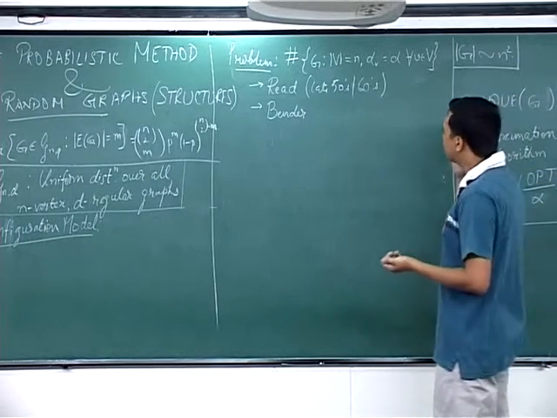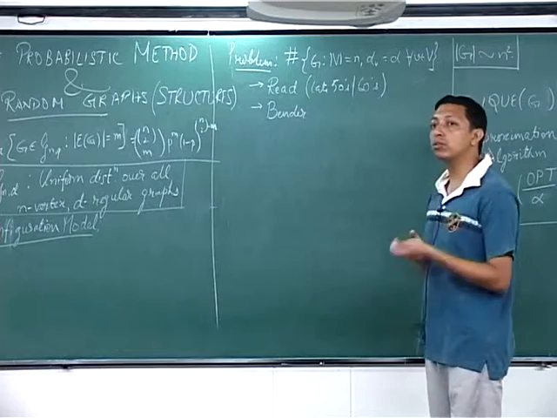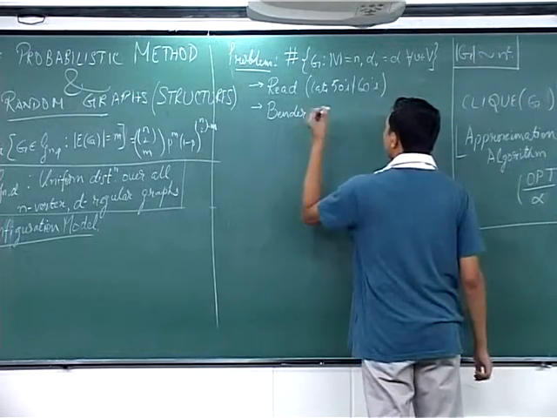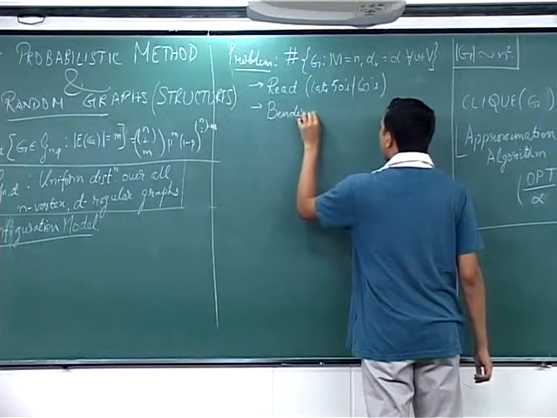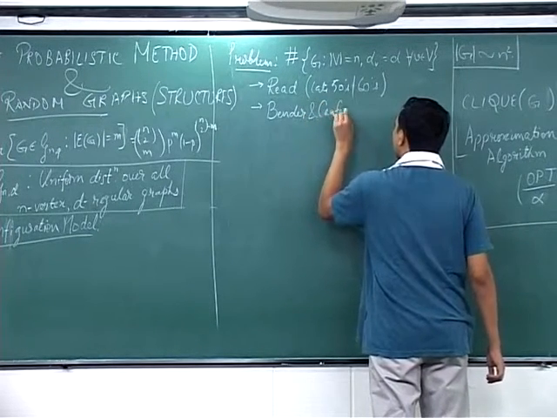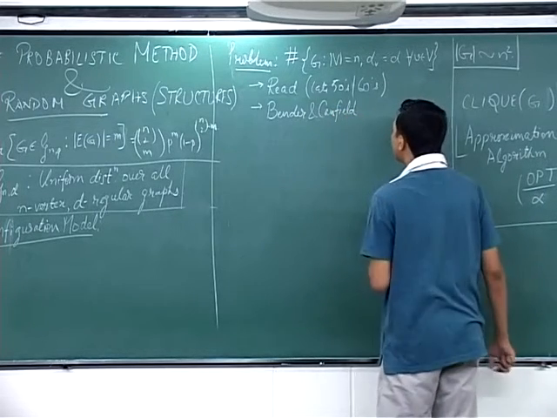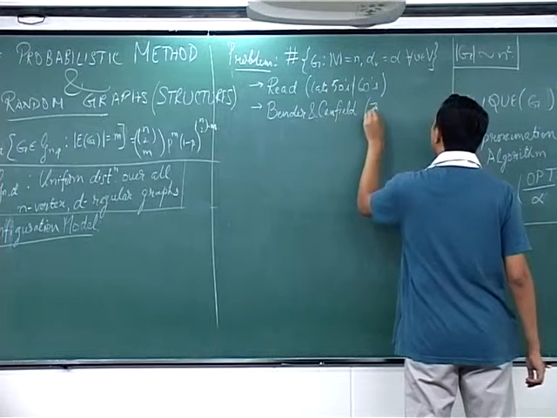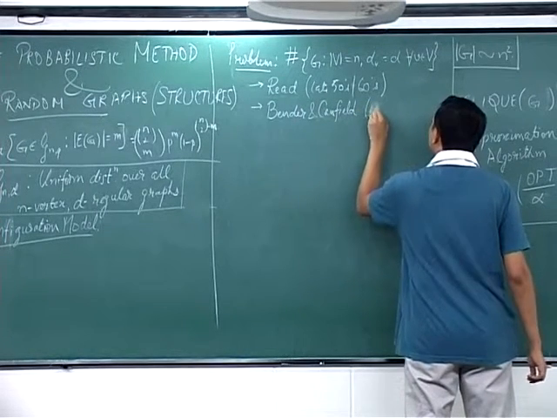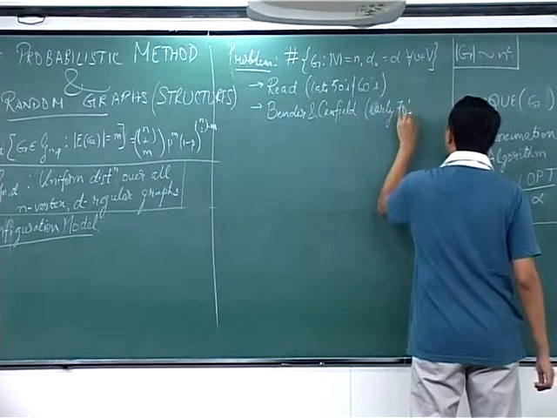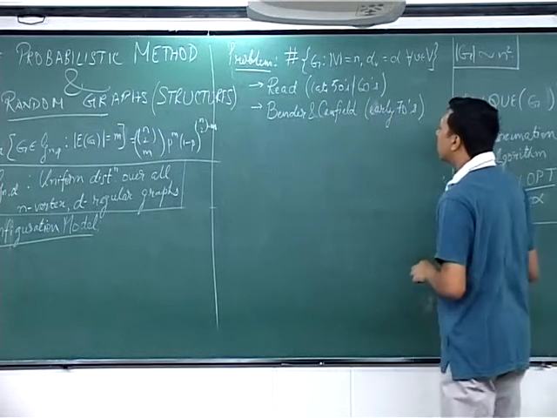But the formula was so complicated that it was not even easy to see the asymptotics from the formula itself. So what these two people did was they got a different proof of this problem, and they also gave the asymptotics of the number.